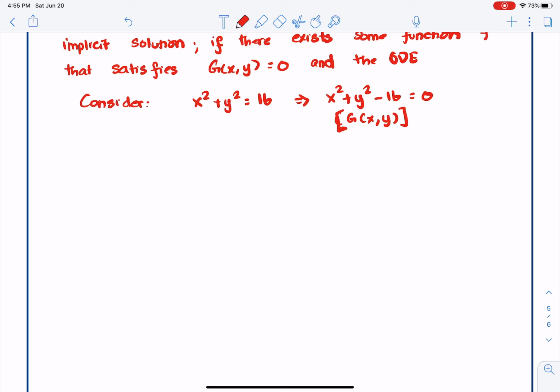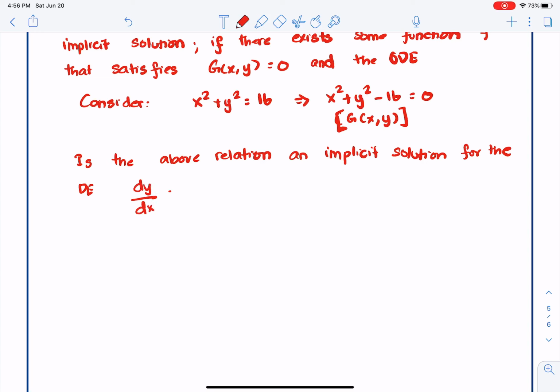And we want to know if that is an implicit solution for the differential equation dy over dx equals negative x over y.